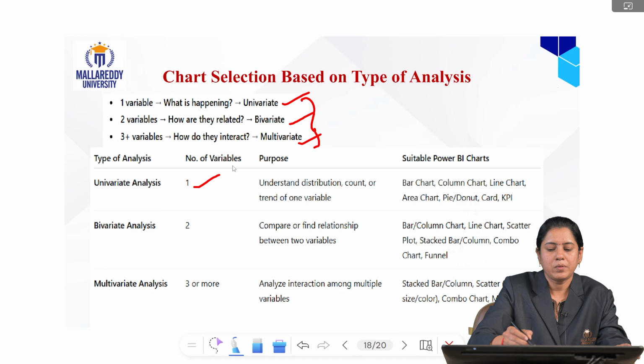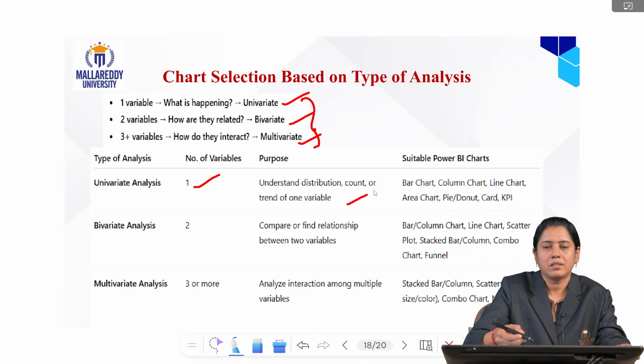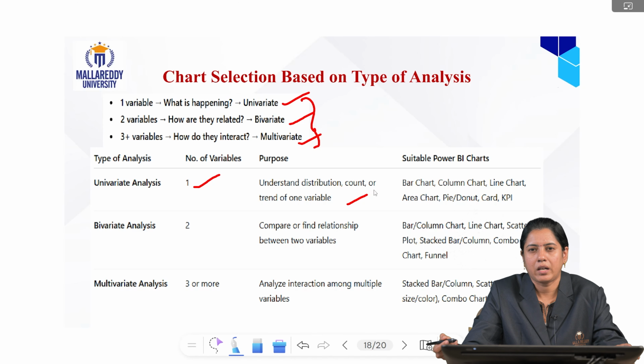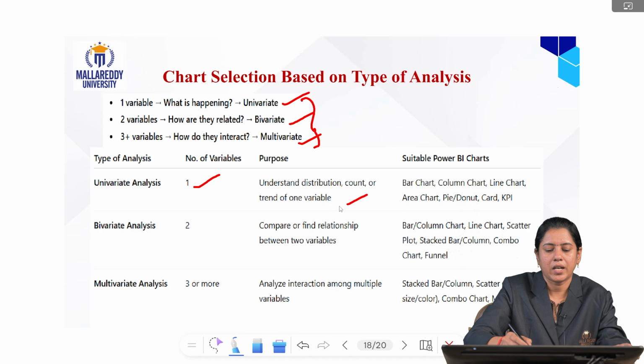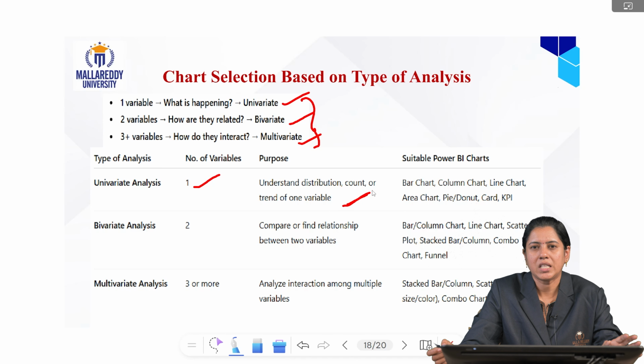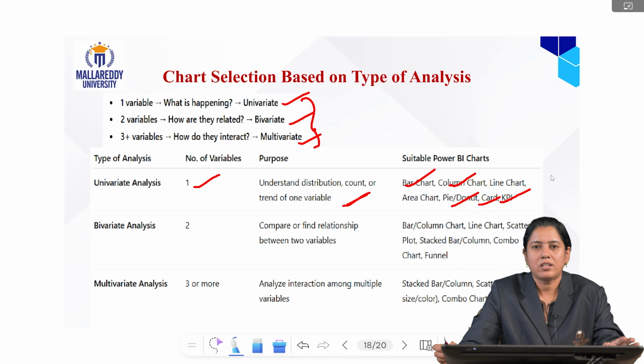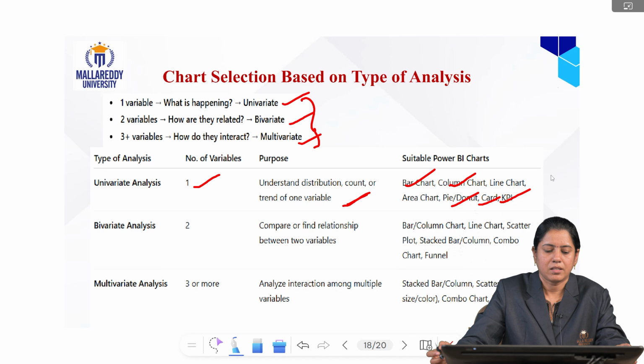With one variable, we look at how the values are present and how they behave: what the distribution is, what the mean value is, what the sum value is. That type of analysis is done in univariate analysis. The charts generally used for univariate are bar chart, column chart, pie chart, cards and KPIs.